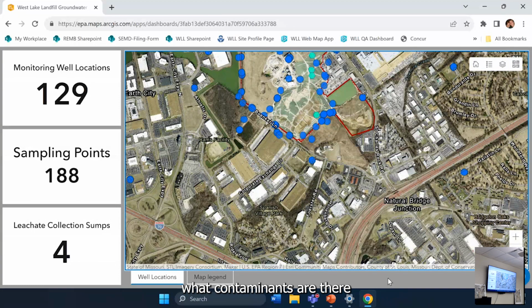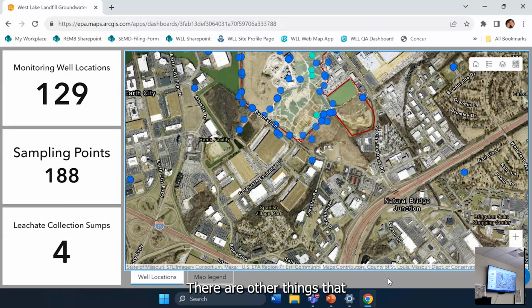We need to understand what contaminants are there because that drives what kind of remediation you need. One of the most basic things would be an extraction well, where you're pumping the water out and keeping it closer to the site, not allowing it to migrate into the mine. So that's the most basic thing, a containment well. And then there are different kinds of treatments that you can put on the water that is pumped out to treat whatever contaminants are in that water.